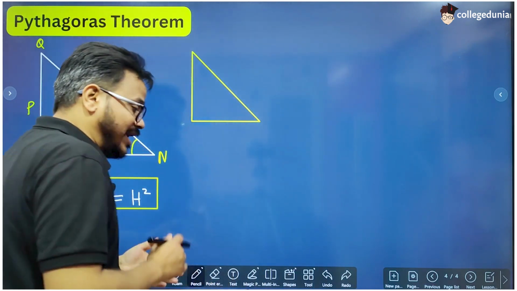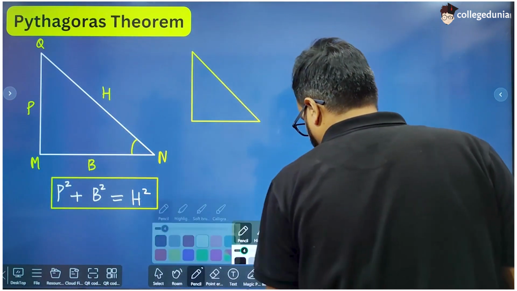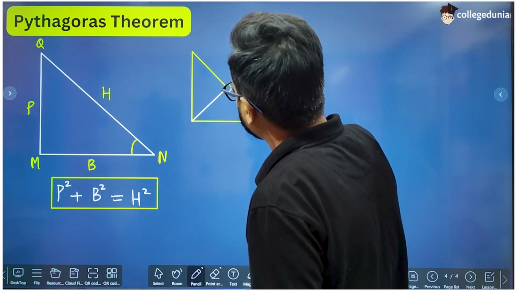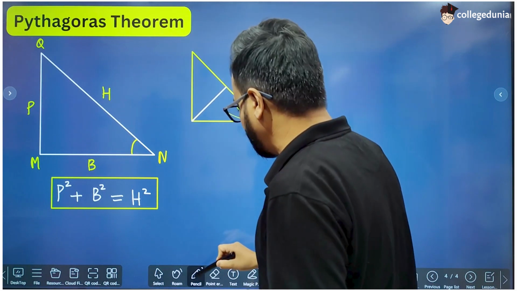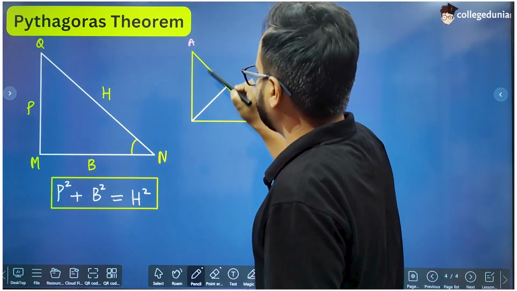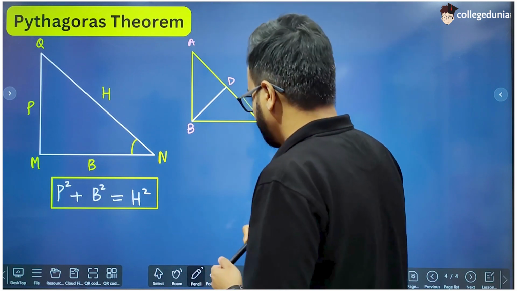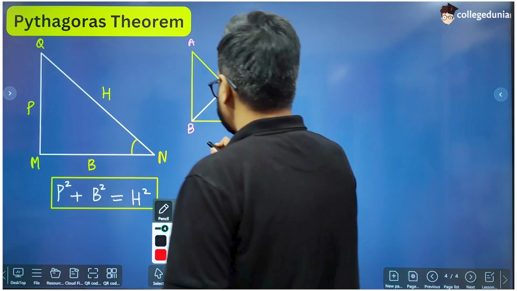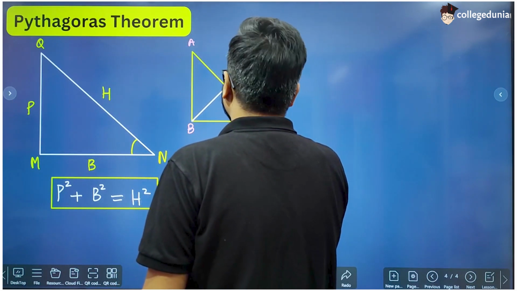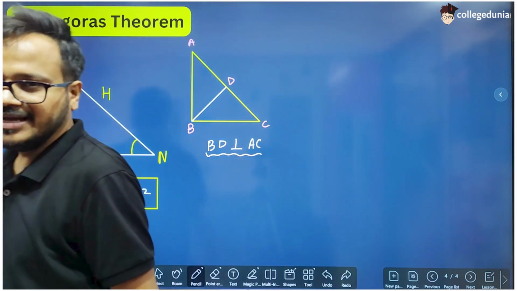To prove Pythagoras theorem, another theorem is needed, which says that when in a right angle triangle, a perpendicular is drawn from the 90 degree vertex on the opposite side, let us say this is a triangle ABC, right angled at B. So if you draw this perpendicular BD on AC, BD is perpendicular on AC.